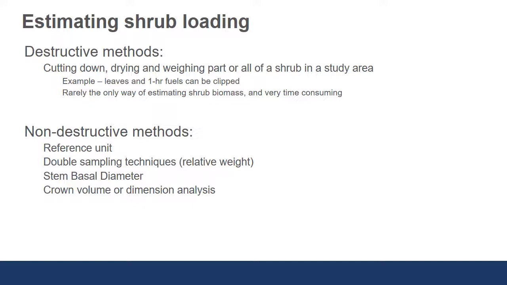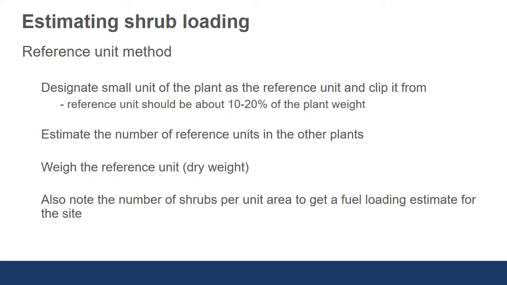The reference unit method and double sampling method still require some clipping and weighing. The reference unit method relies on sampling a small unit of the plant and then scaling this unit up to the whole plant. Generally speaking, the reference unit is about 10 to 20% of the plant by weight.